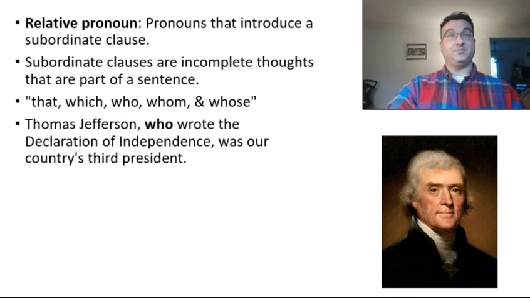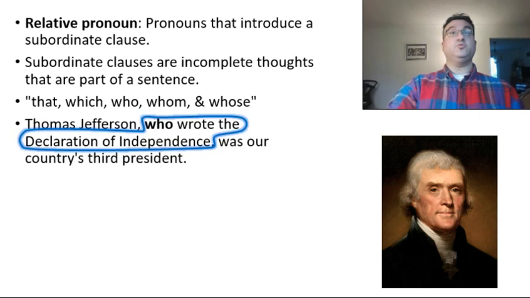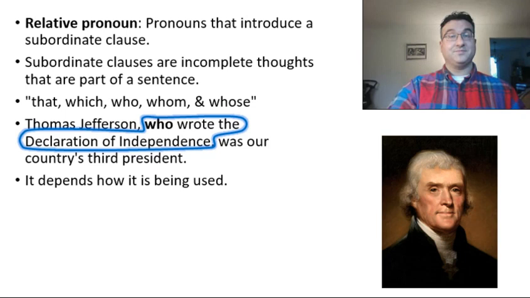Now here's our example. Thomas Jefferson, who wrote the Declaration of Independence, was our country's third president. Who wrote the Declaration of Independence is the little part of a sentence called a clause, and who is the relative pronoun introducing that subordinate clause. It all depends on how it's being used. Elsewhere, who could be an interrogative pronoun.